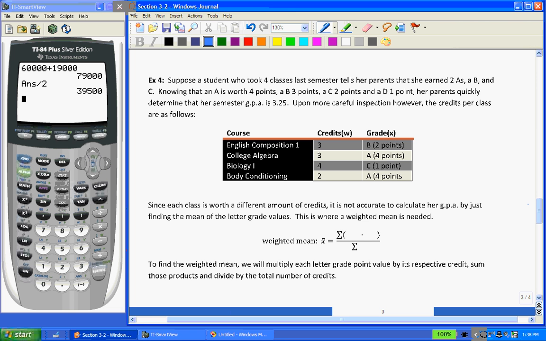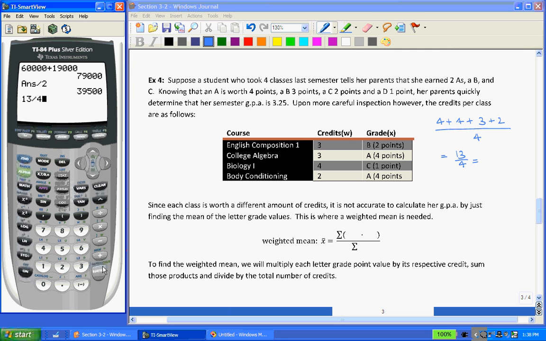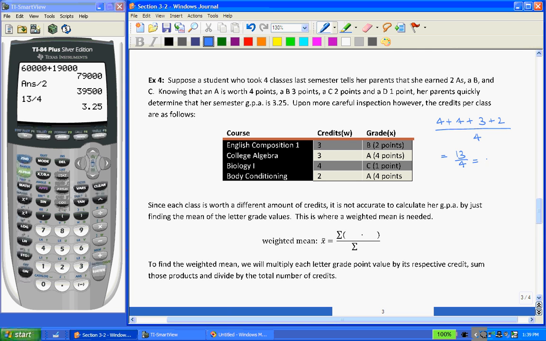So she kind of didn't let them know everything that was going on. They just thought, oh, 2 A's, a B, and a C, and they did 4 plus 4 plus 3 for that B plus 2 for the C and divided by 4 grades. So they got 13 divided by 4 for 3.25.